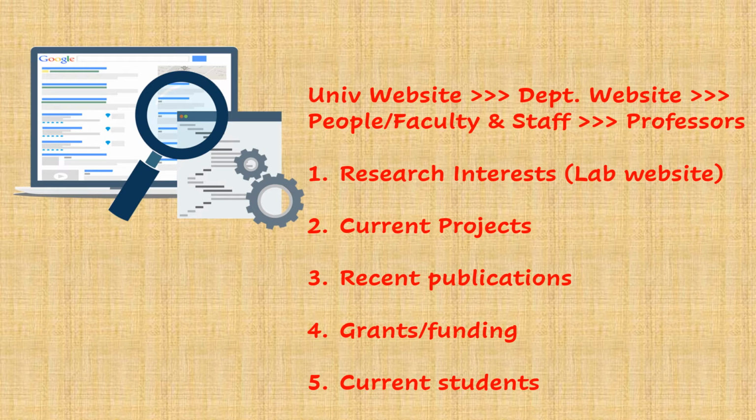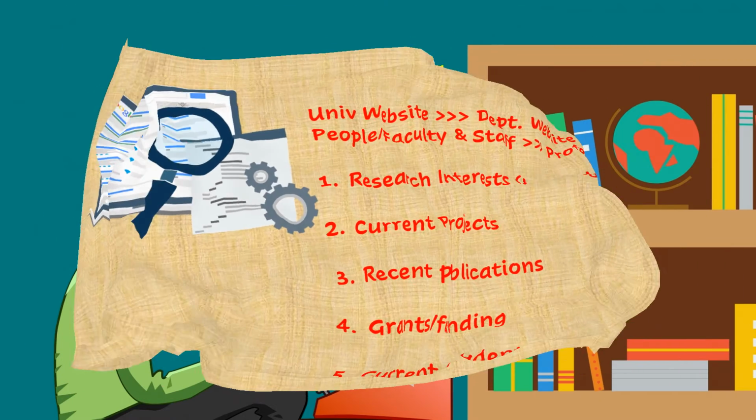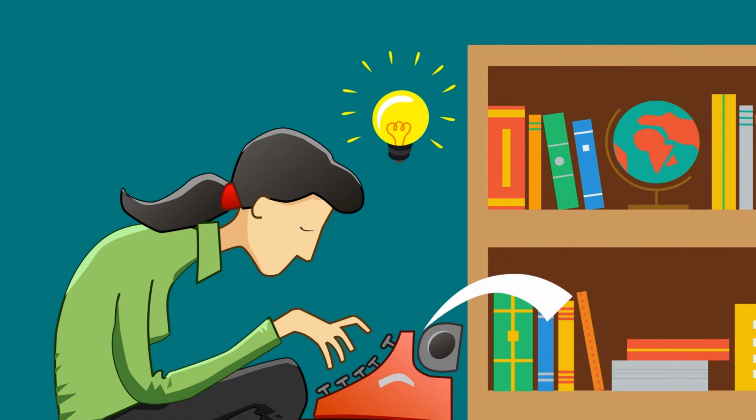Now that you know what information you need to gather and why you should write emails, let's go into checking what to write in an email to a professor. One very important thing before you write emails is to keep the email short. Don't write lengthy emails.